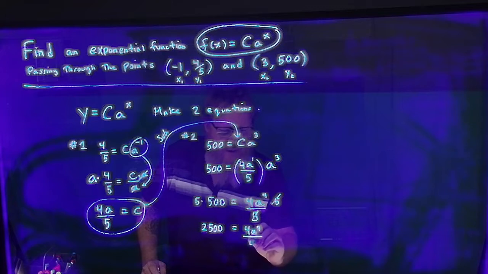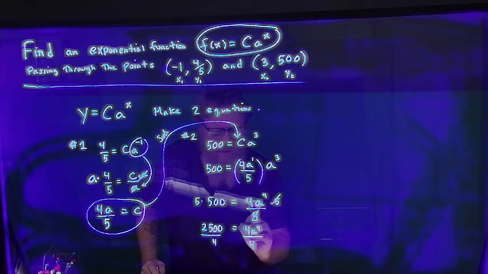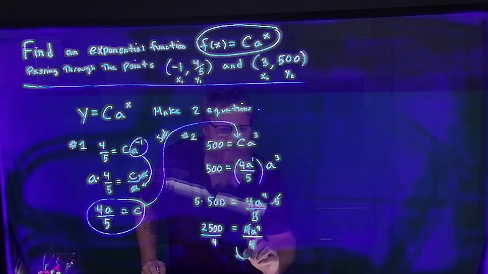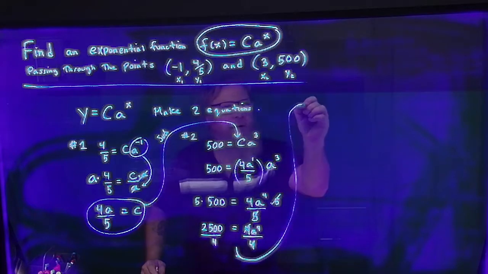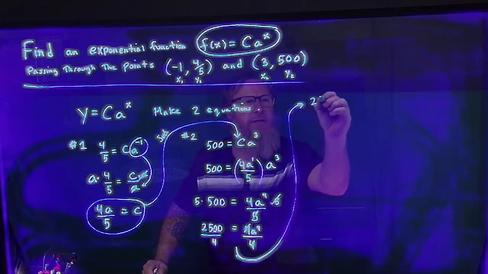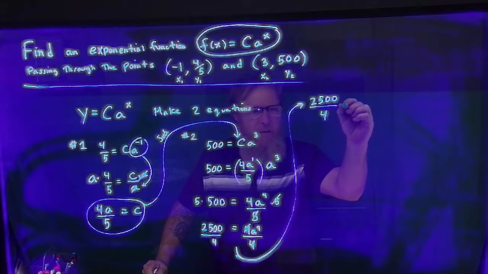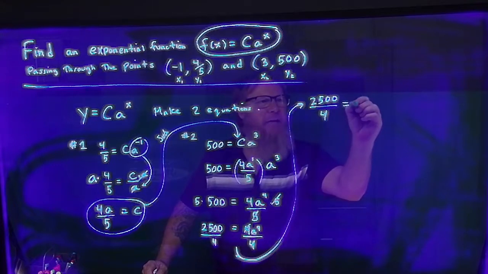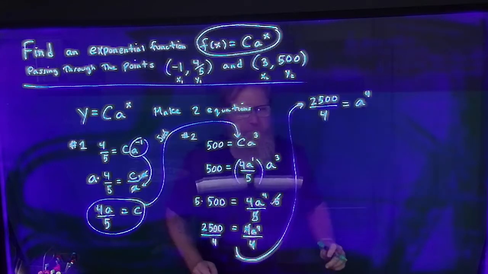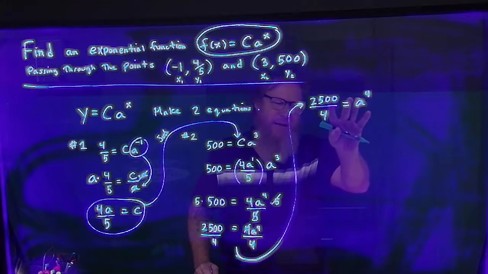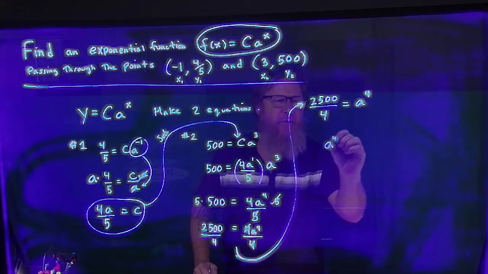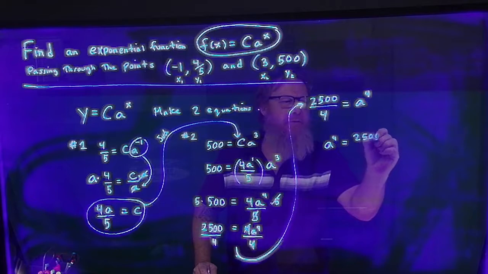Divide both sides by 4. Come on up here, I'm all out of room. So I've got 2,500 over 4 equals A to the 4th. Normally I would write it this way: A to the 4th is equal to 2,500 over 4.